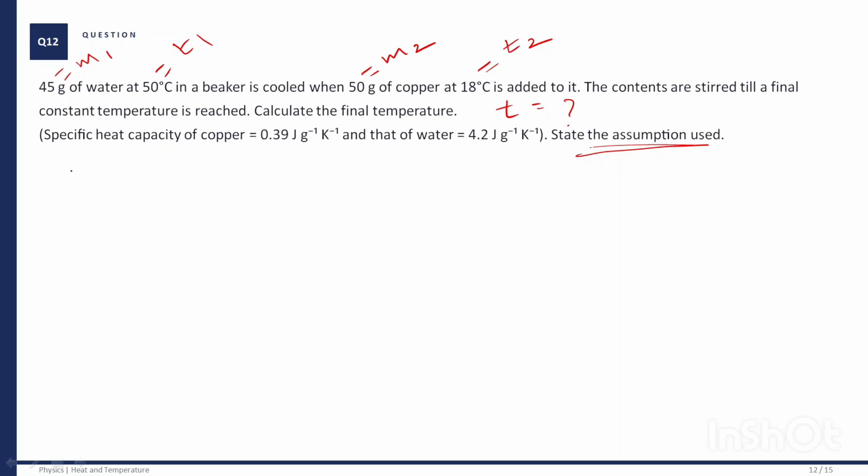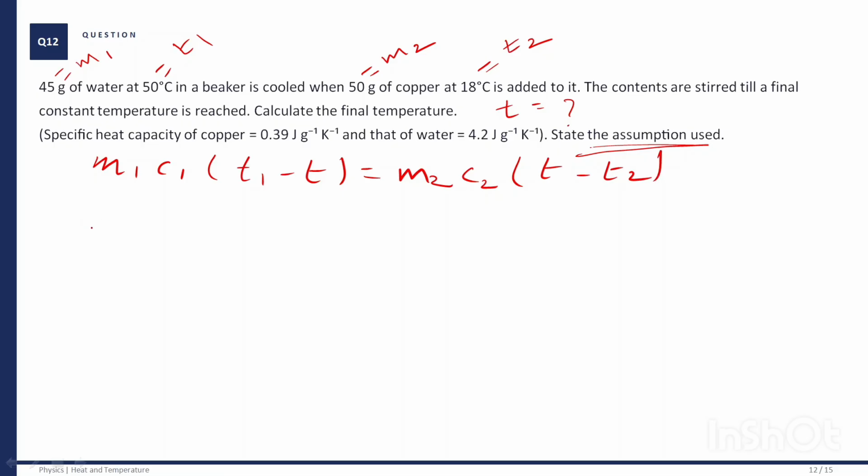I will erase and write the correct equation: M1 C1 of T1 minus T equal to M2 C2 of T minus T2.